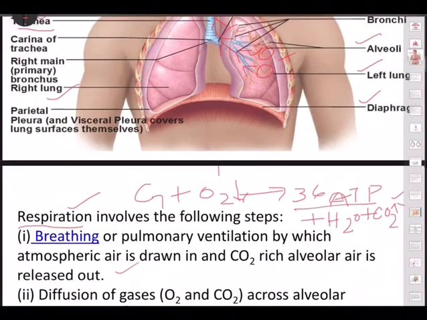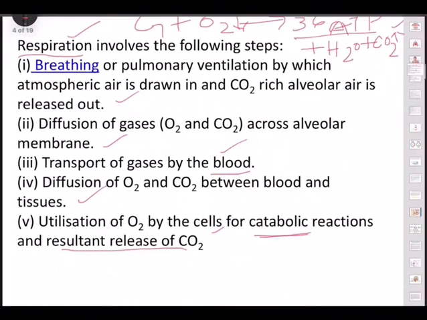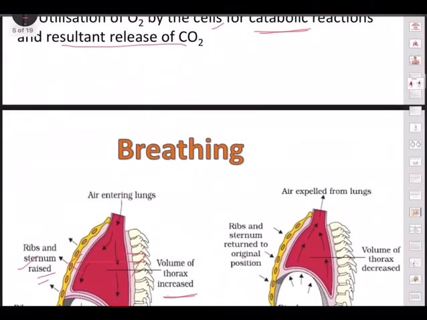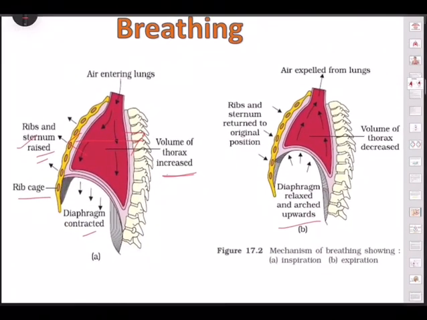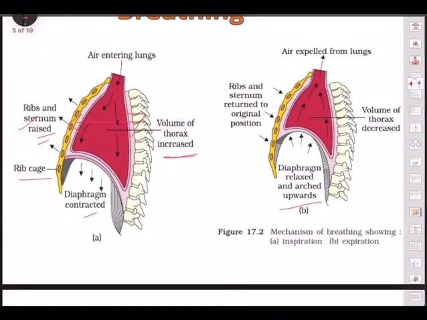Here, in expiration also, let's come back to the specific changes that happen in the lungs. This is what happens. Expiration takes place when the intrapulmonary pressure is higher. Here it is less. Here the intrapulmonary pressure should be higher than the atmospheric pressure. Relaxation of the diaphragm and the contraction of intercostal muscles return the diaphragm and sternum to their normal position.